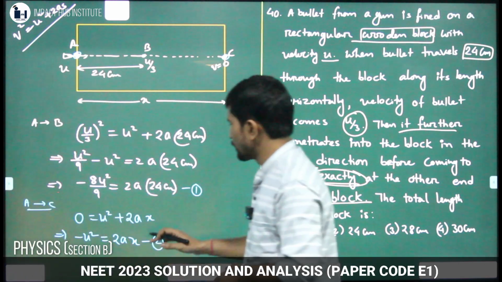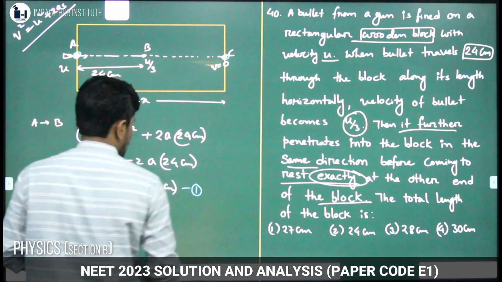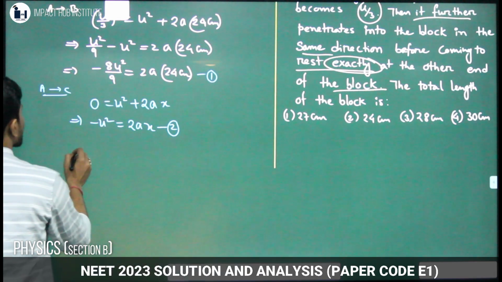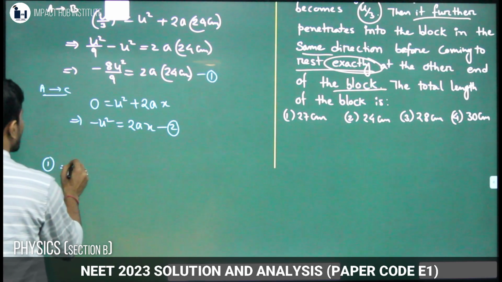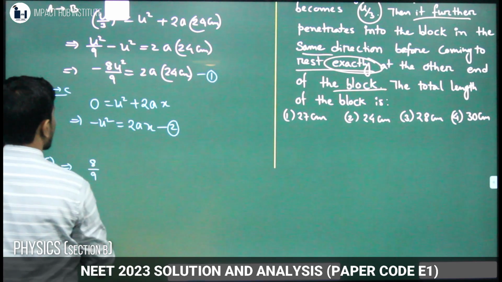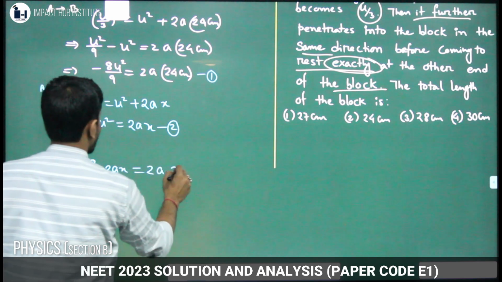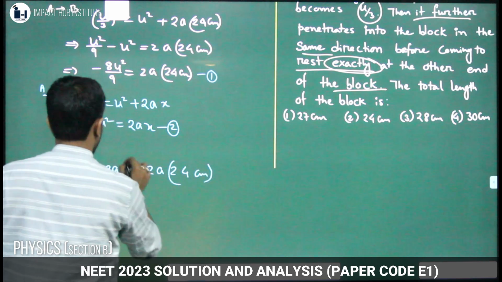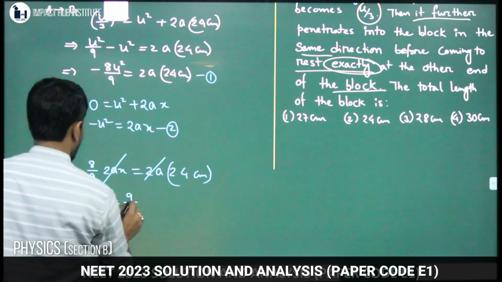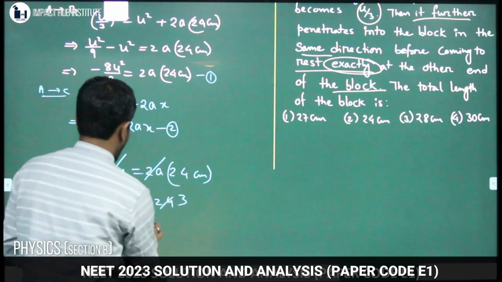Now I can put the value of u square here, or just divide to get the answer. If I put the value of u square in equation 1, it will be 8 by 9 multiplied by 2ax equals 2a times 24 centimeter. So 2a cancels, and x will be equal to 9 by 8 multiplied by 24, which is 9 times 3, and the answer is 27 centimeter.